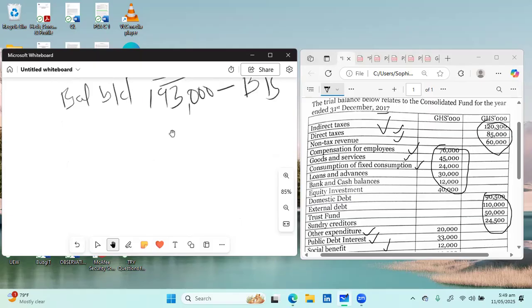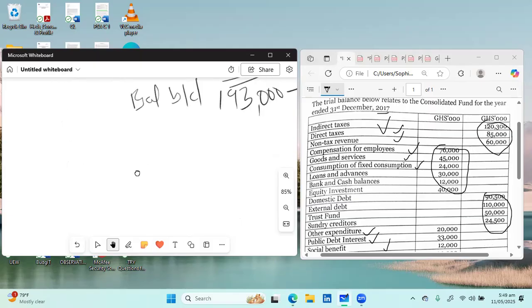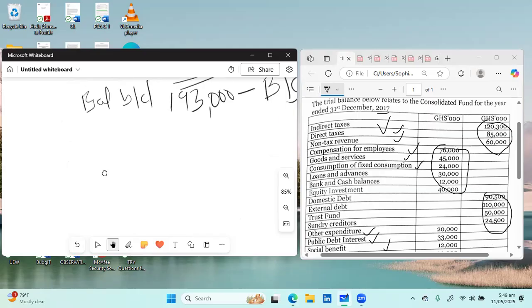So what is it? We all know now we have exhausted all the items in the income statement or revenue and expenditure. Anything we haven't taken will now go to the balance sheet. And I'm asking, the loans and advances you are seeing there, what is it?